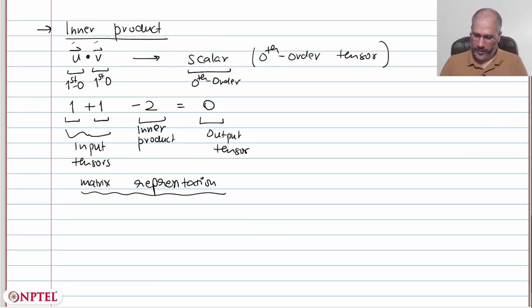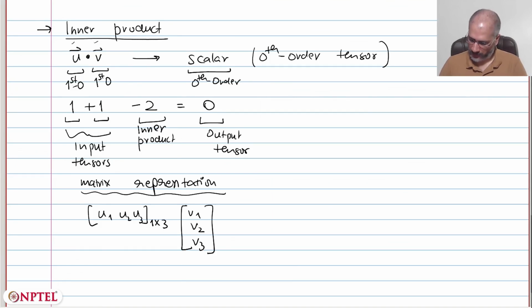In the matrix representation, we write u1, u2, u3 as a matrix which is 1 row and 3 columns, and then we write v as v1, v2, v3 as a column vector which is 3 cross 1, and when you multiply this, you know that you get just one element which is u1 v1 plus u2 v2 plus u3 v3, which agrees with this 1 by 1.